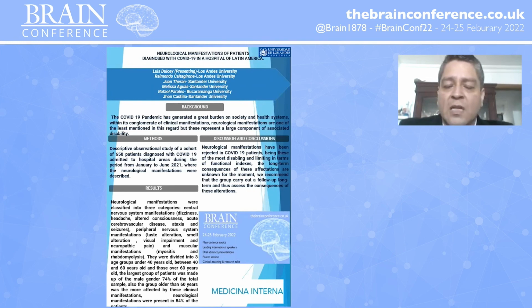Discussion and conclusions. Neurological manifestations had been neglected in COVID-19 patients, being among the most disabling and limiting in terms of functional indexes. The long-term consequences of these affectations are unknown for the moment. We recommend that the group carry out a long-term follow-up and thus assess the consequences of these alterations. Thank you very much.